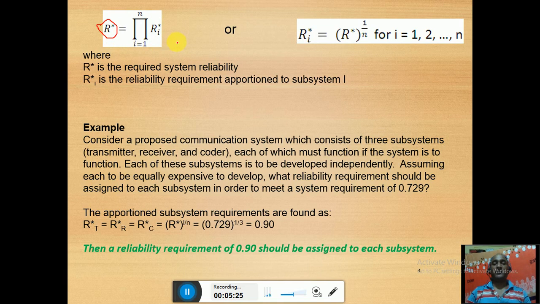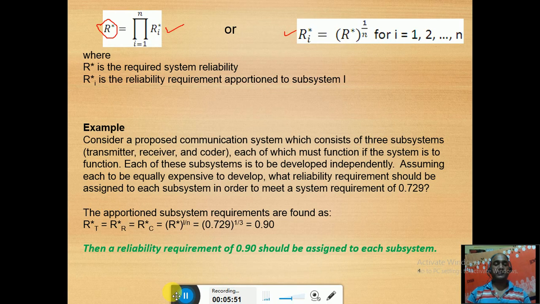So Ri star equals R star raised to 1 by n, the nth root of R star, which we discussed on the last slide, and this is allocated to each element or component of the system. We'll solve one problem to understand this better.